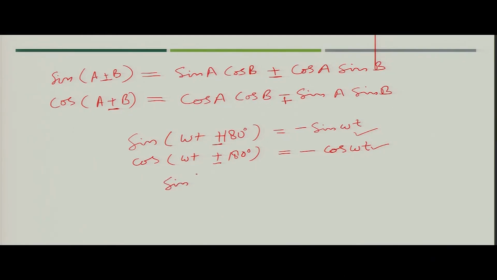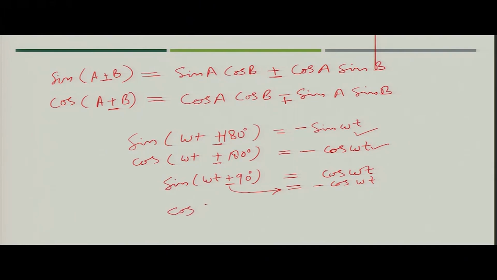Similarly, if you are asked to find the value of sin(omega t plus 90 degrees), the output would be cos omega t. Now, instead of plus, if we ask for sin(omega t minus 90 degrees), this will become minus cos omega t.